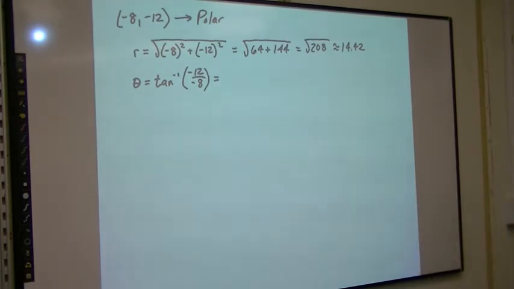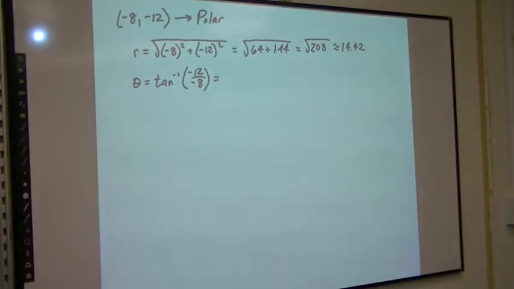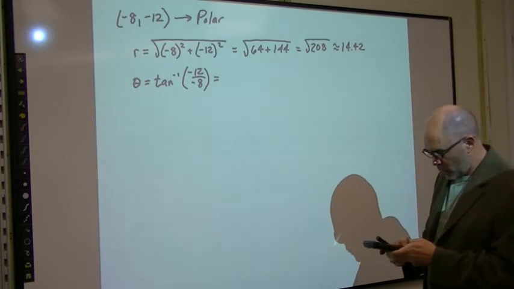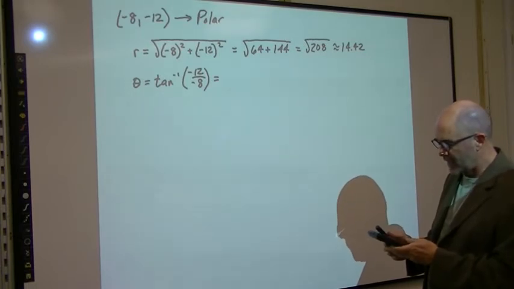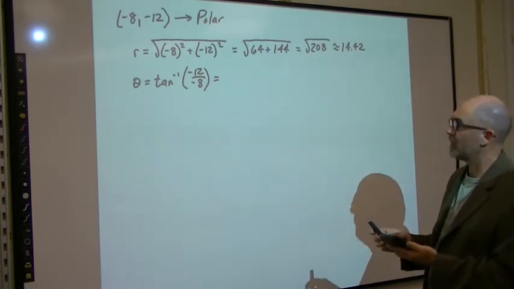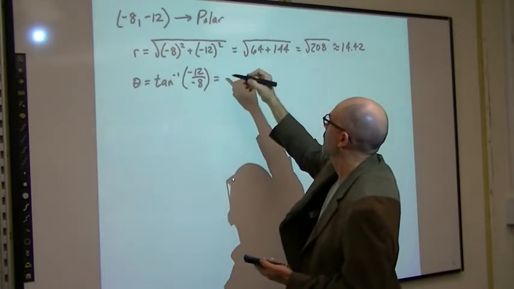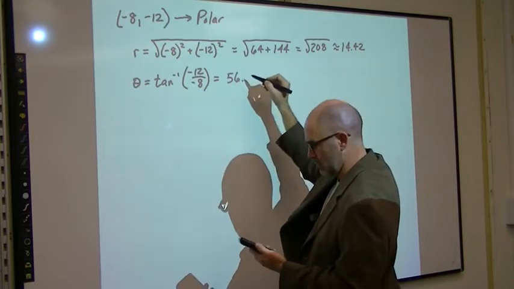Okay, let me just do this myself. 12 over 8 is 1.5, and when I take the inverse tangent of that, I get 56.309 degrees.